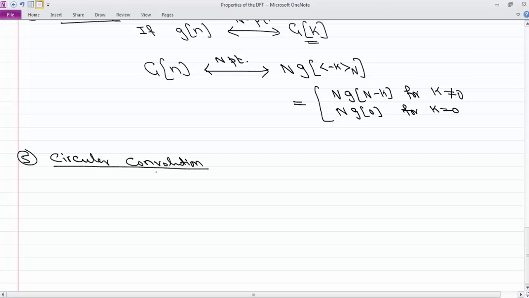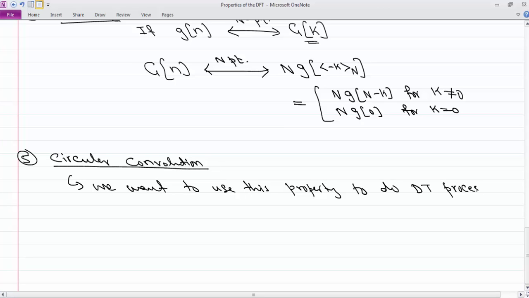So the goal is that we want to use this property eventually to do discrete time processing of signals.